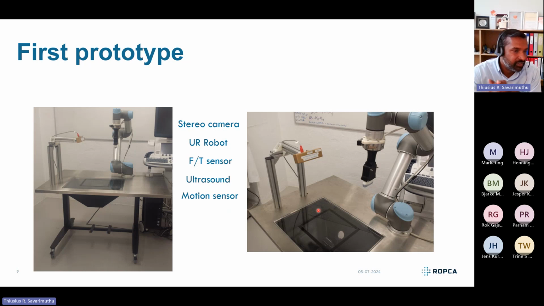So for instance, if the test subject moved the hand while we were scanning, then the robot would be able to compensate for these motions so that we would still keep the joint in place in the ultrasound image. This is, of course, something that is quite natural for doctors to do while they scan.